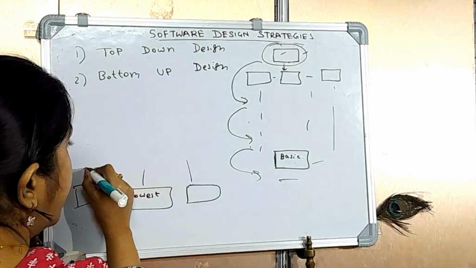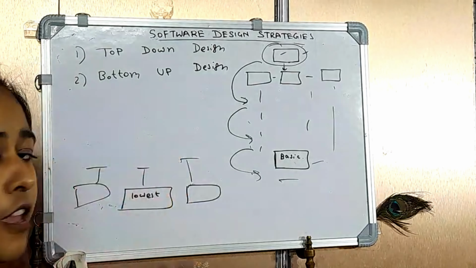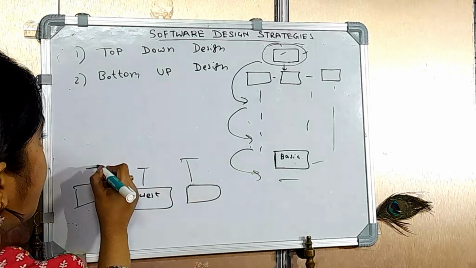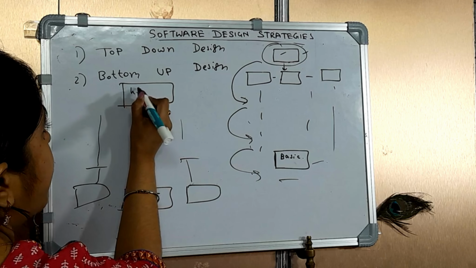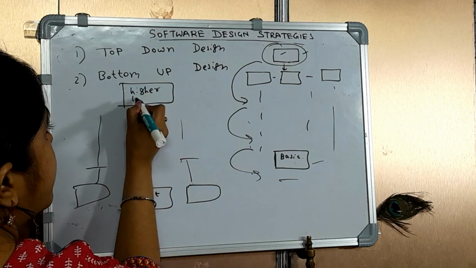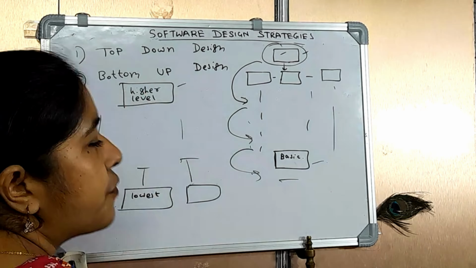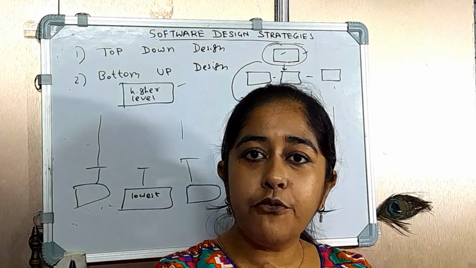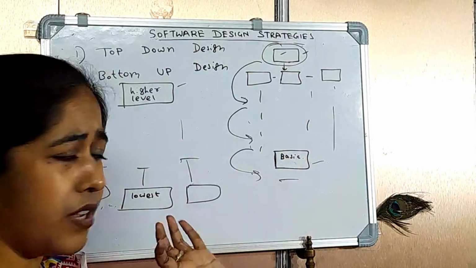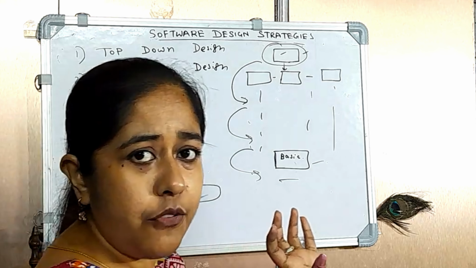Now we are joining them, and we work until we get the whole system, that is our higher level system, the main system, the whole software. In top down, from one entity you go on breaking until you get the basic component of your software.